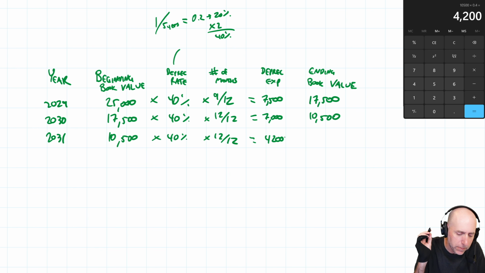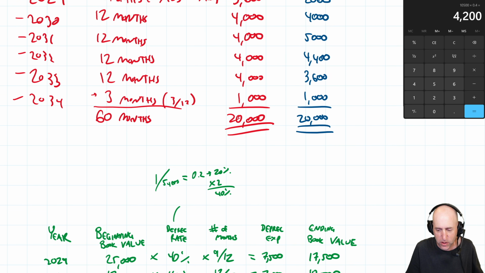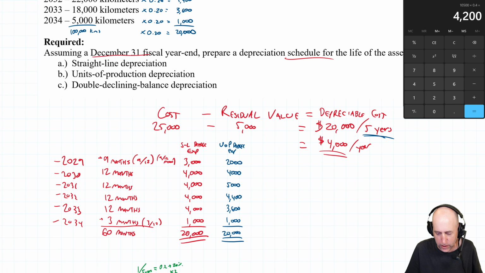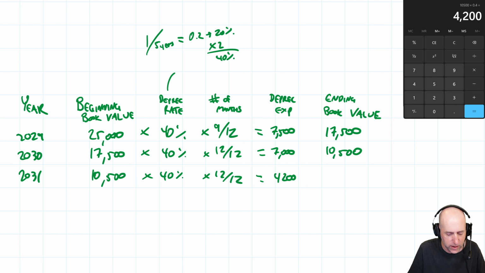So we just have to be on guard here for one thing. And the thing is the residual value. We sort of ignored it, right? At the start of each of the other questions, we said, oh, I got to worry about this residual value. I don't want to depreciate more than $20,000 for my asset. Here, we just start with 25,000 and start blasting away.